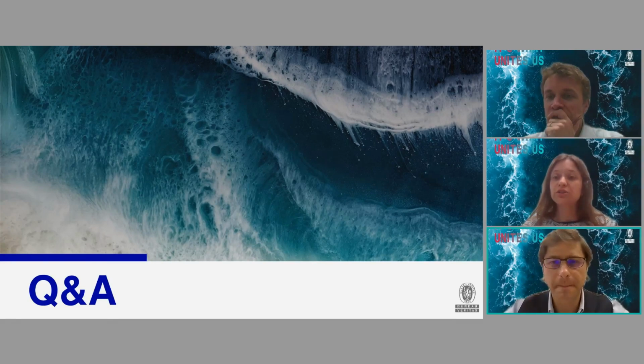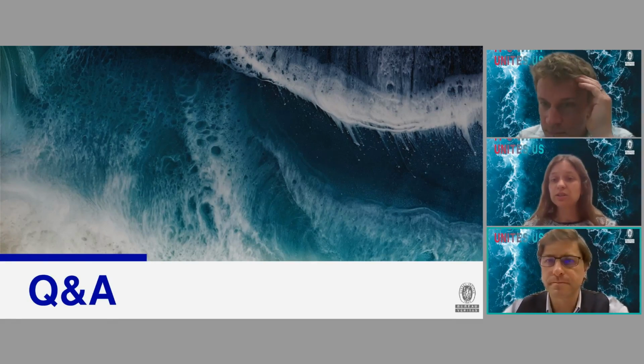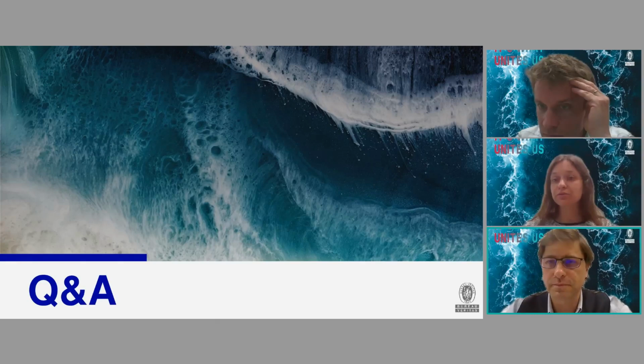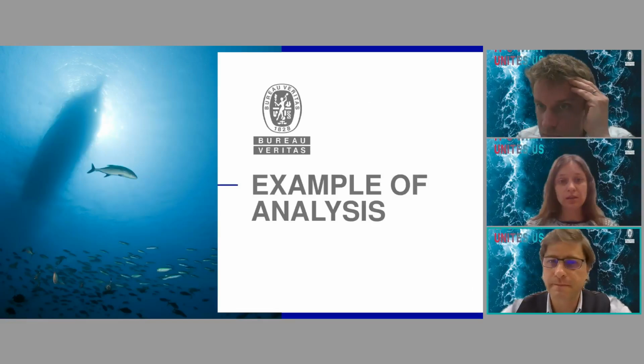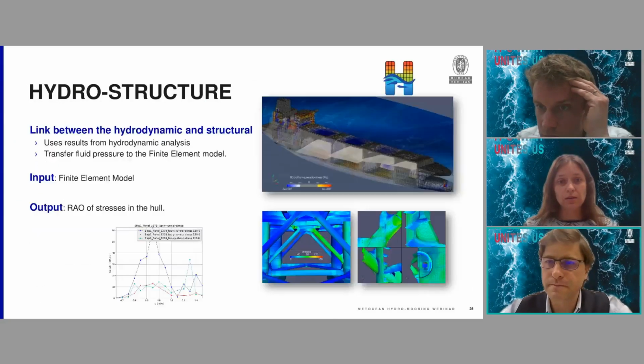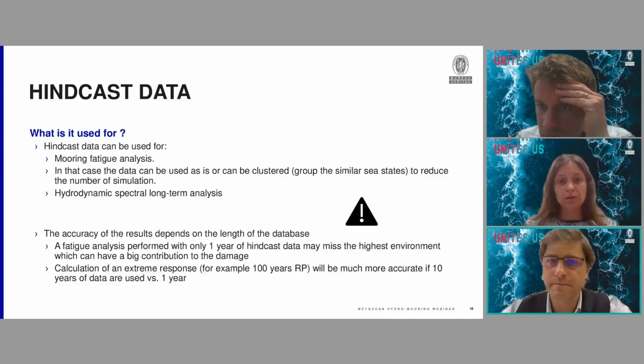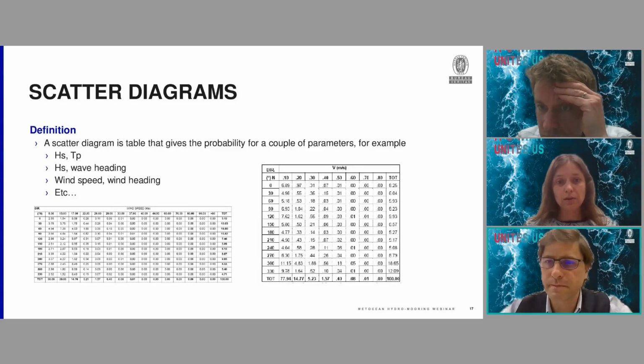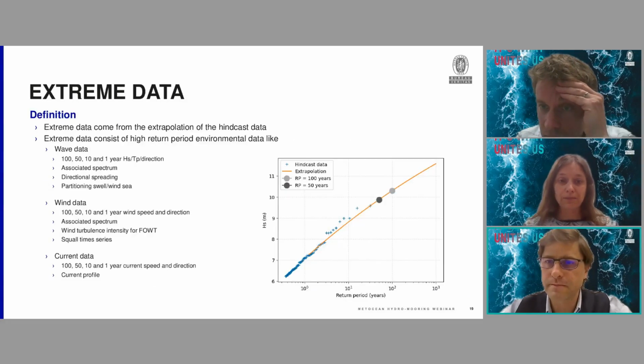So if I understand correctly, the question is how you can find 1 to 5 years return period when you don't have the extreme in your report. So in that case, maybe I can go back to the slide. Here.